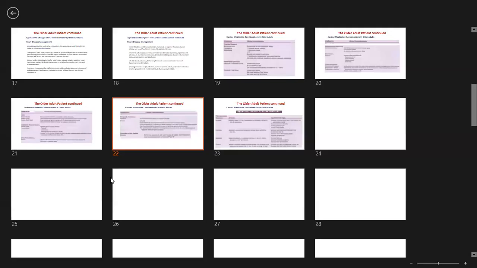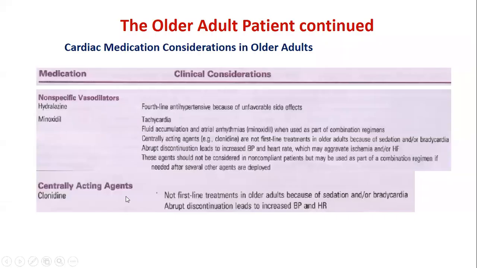clonidine, centrally acting. Clonidine is not the first-line treatment in older adults because of sedation and bradycardia. Also, abrupt discontinuation leads to increased blood pressure and heart rate, which may aggravate ischemia and or heart failure.